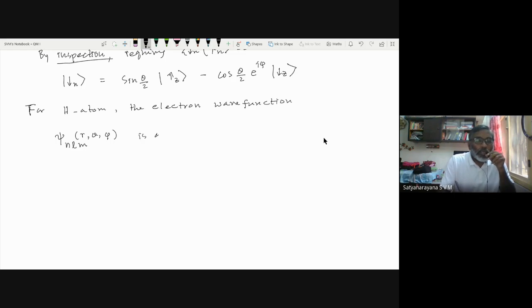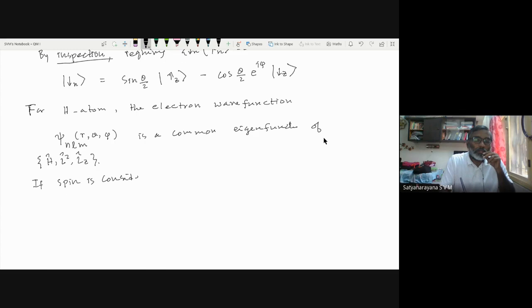And it is a common eigenfunction of these three operators, right? Hamiltonian, L square operator, and LZ operator. So this is a common eigenfunction of these three operators. Now suppose spin is considered, then you have two more operators.